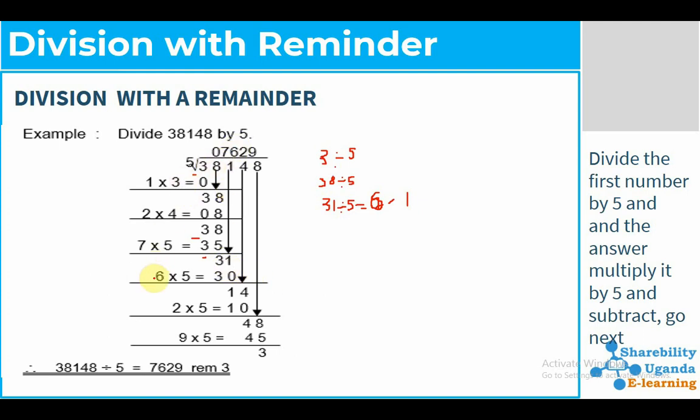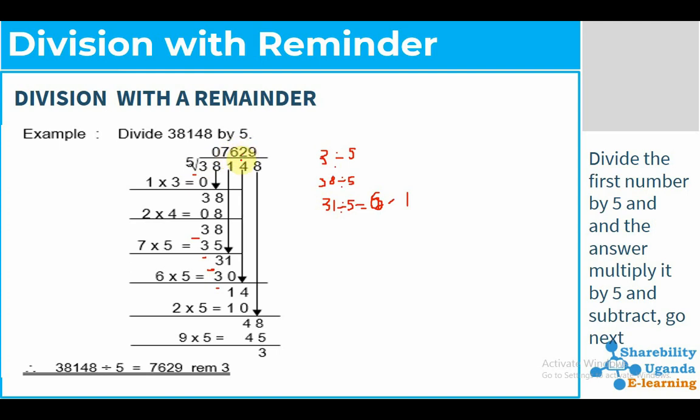6 times 5, then we get 30. We subtract again. We say 1 minus 0, we get a 1. We say 3 minus 3, we get a 0. So here we remain with our 1. When you say 1 divided by 5, it is impossible.